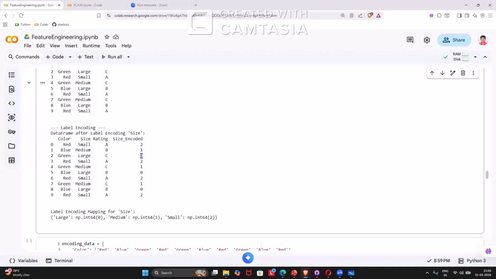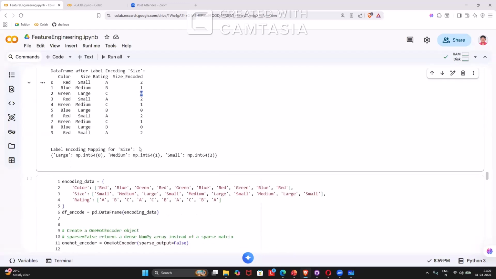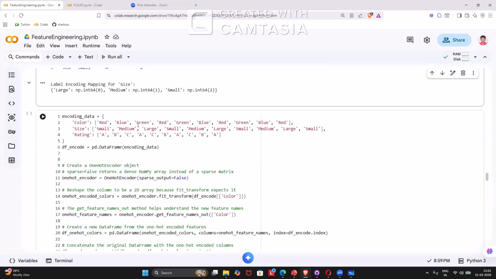This happens based on alphabetical order: large, medium, small. So large is mapped to 0, medium will be 1 and small will be 2. This is what we call label encoding.